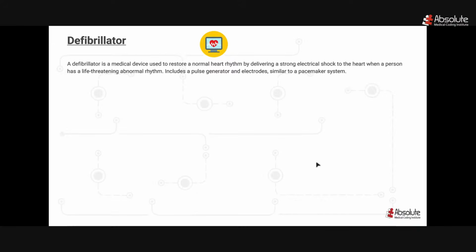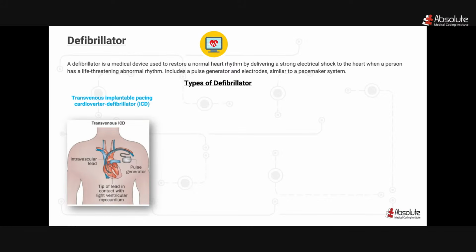So let's see the different types of the defibrillator. First we have the transvenous implantable cardioverter defibrillator, ICD. These types of defibrillators are based on where the lead is placed.